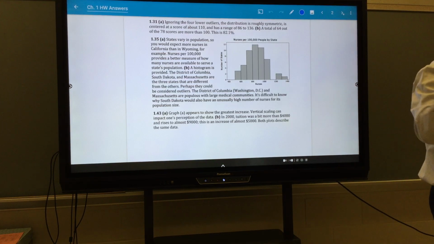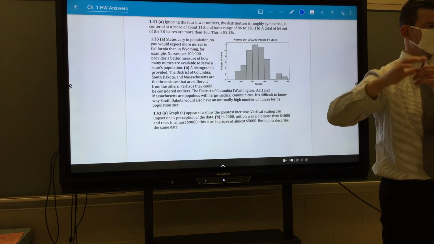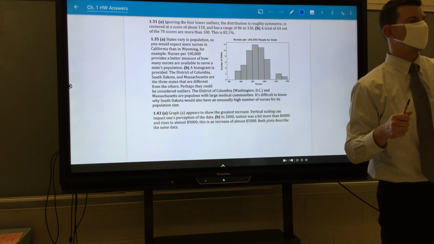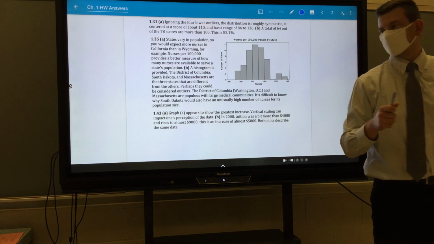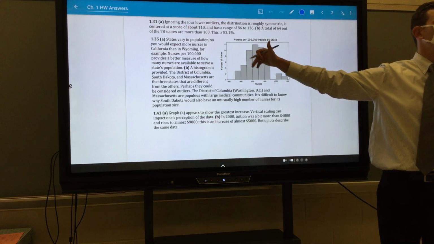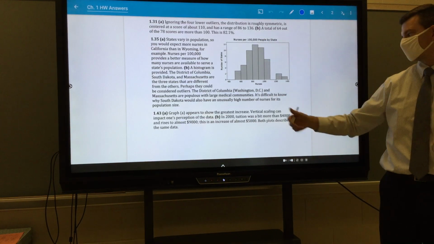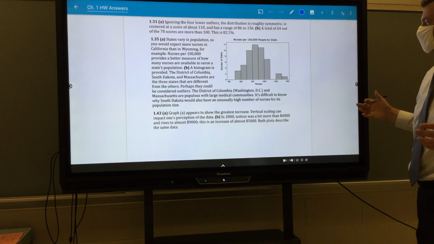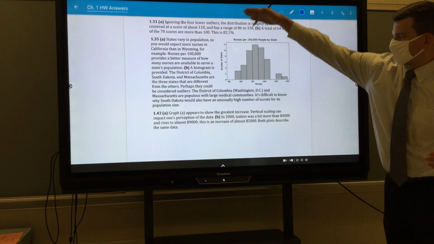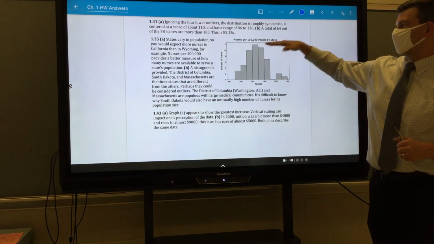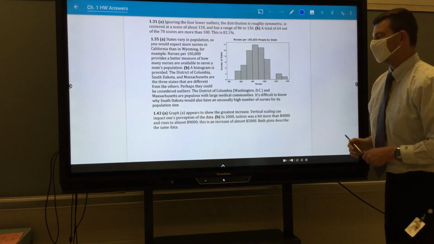The frequency table has the intervals listed out, and then in the column next to it, you have the frequency or the quantities of each. So that quantity is dictating the height of the bar for each histogram. So in this case, they were looking at the nurses per state, and the frequency was measured in number of states that had that rate of nurses per 100,000 people.